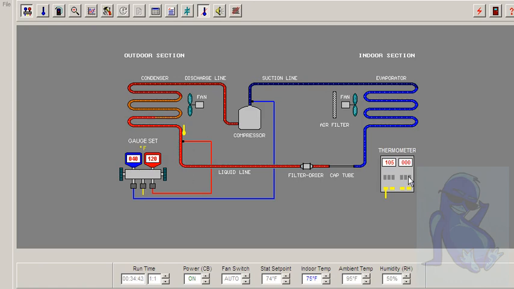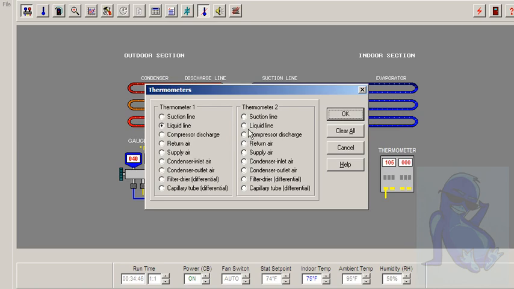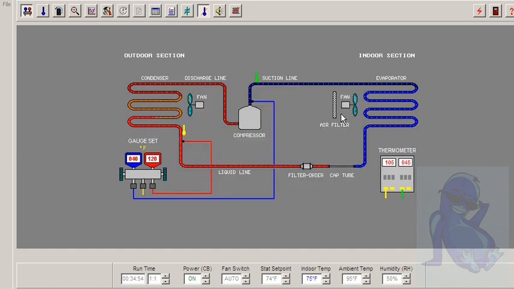Okay, I changed the probe. Probe 2 now is the suction line at 45. Probe 1 is the subcooling. We are subcooling at 15 degrees: 120 degrees change of state minus the 105 degrees we're taking off the line. 15 degrees subcooling is a good normal running system.